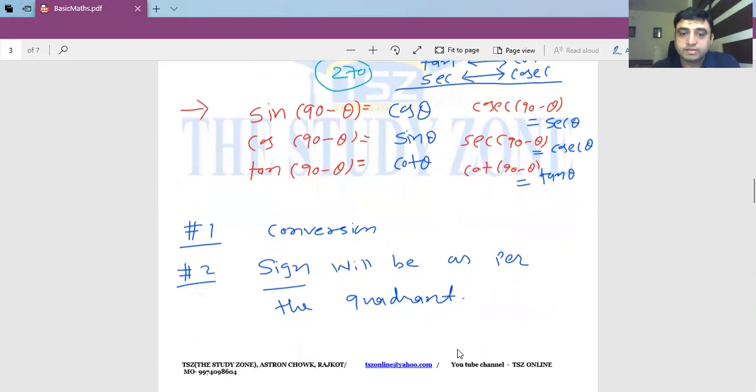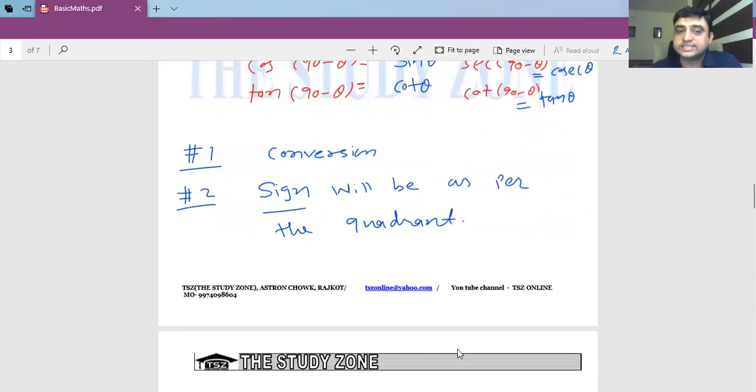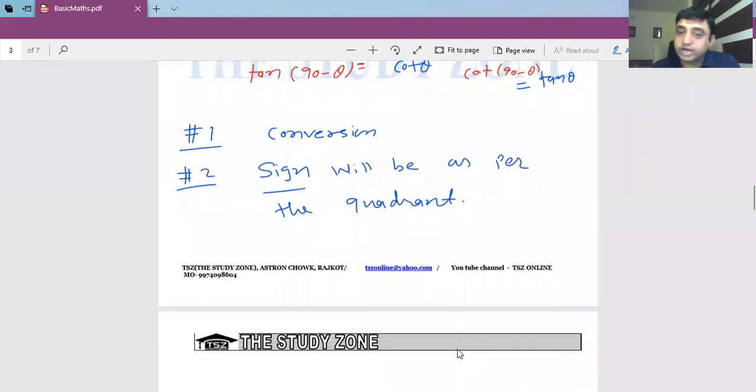But before understanding this second rule, we should know which functions are plus and which functions are minus in a particular quadrant.